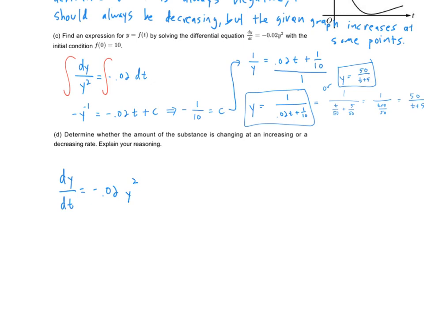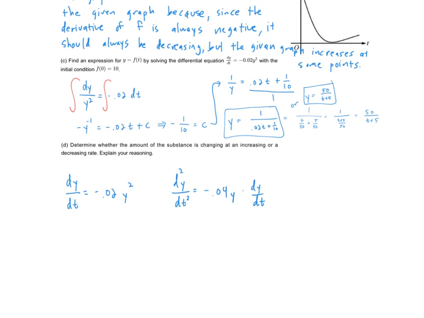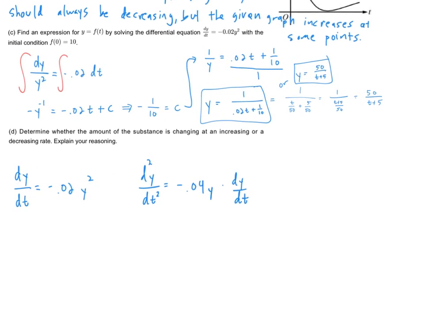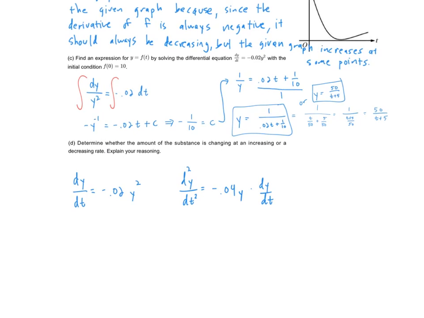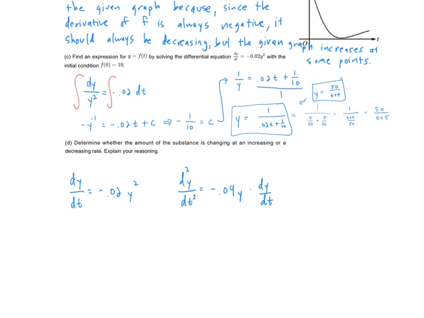Okay, if we take the derivative of this, it's negative 0.04 y times dy dt. And we want to evaluate whether the substance is changing at an increasing rate.